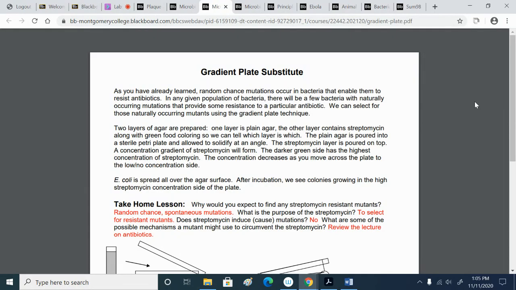Even before human beings started using penicillin back in the 1940s, there were already bacteria that had some resistance to it. So that's an important concept: there's always some resistance present even before you use an antibiotic.